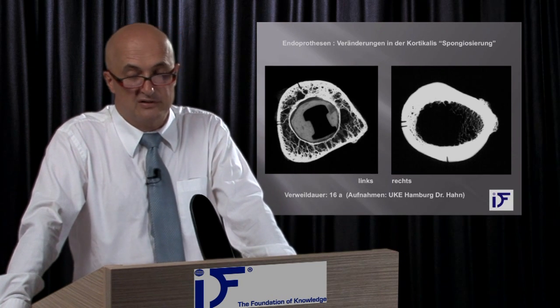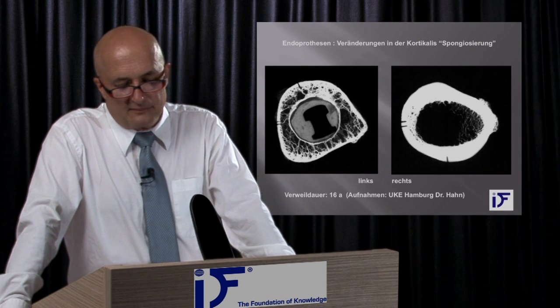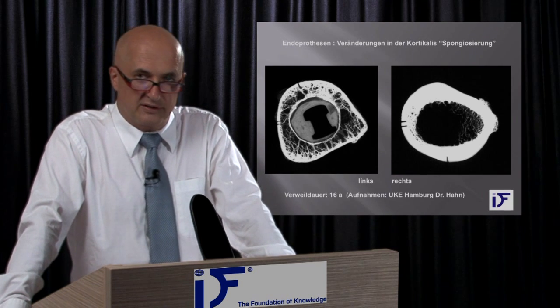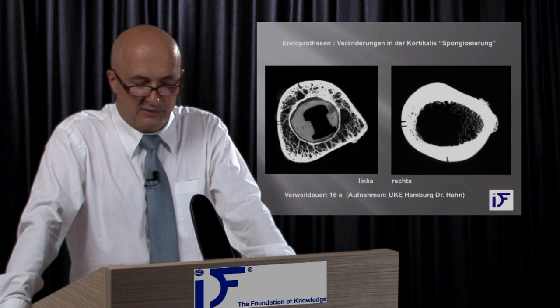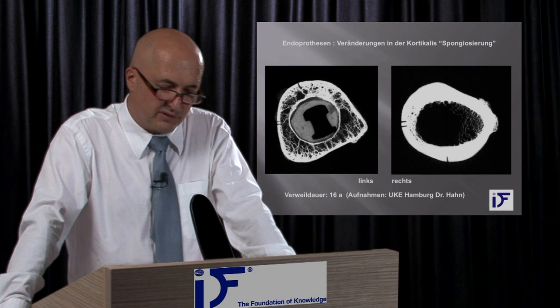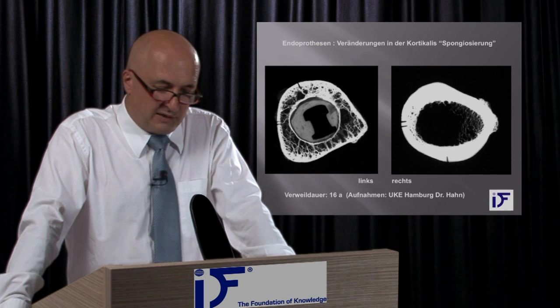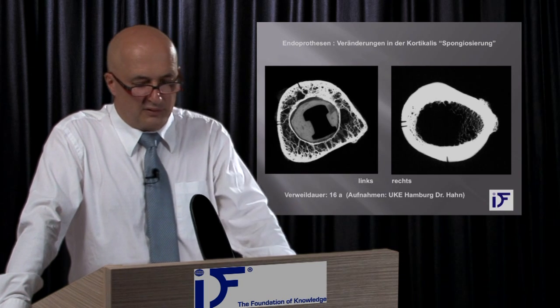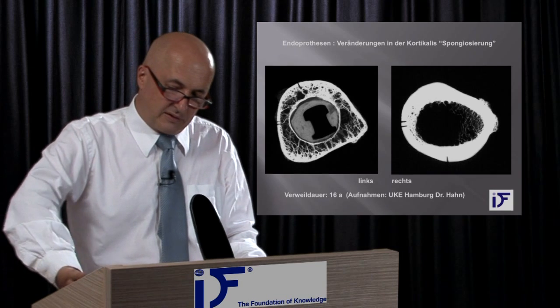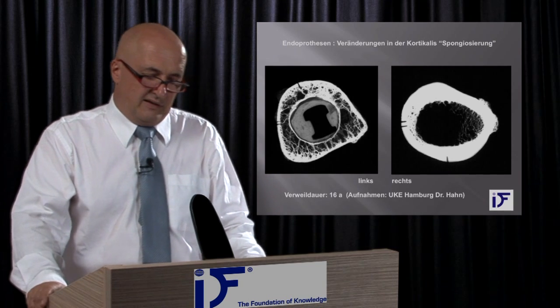We also learn that around the implant, the cortical will develop if the implant is loaded, and if loads are transmitted from the implants into the bone. And the same situation is found, of course, in dental implantology.